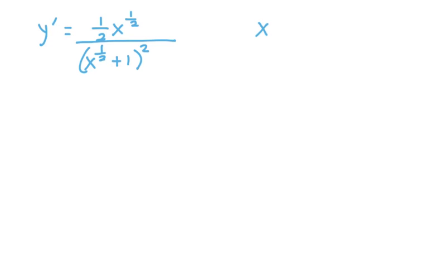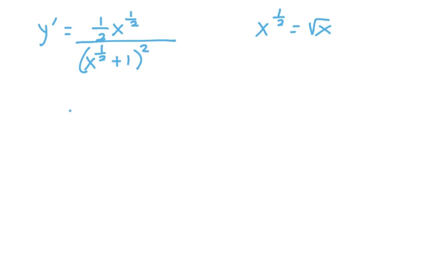And so what we end up getting is y prime is 1/2 x to the negative 1/2 divided by x to the 1/2 plus 1 to the second. But remember that x to the 1/2 is square root of x, right?